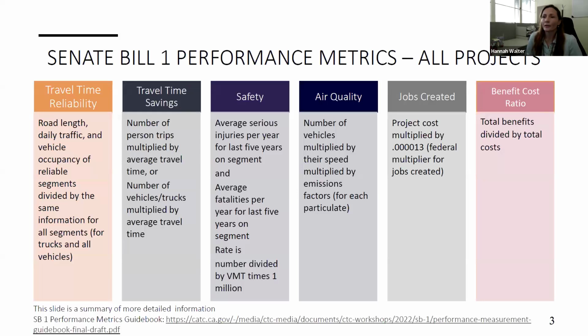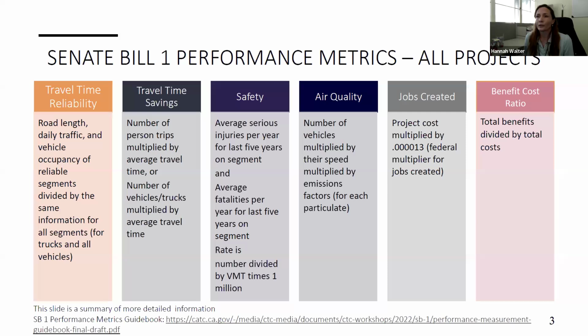Okay, so for SB1 programs, Trade Corridor Enhancement Program, Solutions for Congested Corridors Program, and Local Partnership Program Competitive, these are the performance metrics that are quantitative and are required for all three of those programs. And I'm just going to go through them at a high level with you.